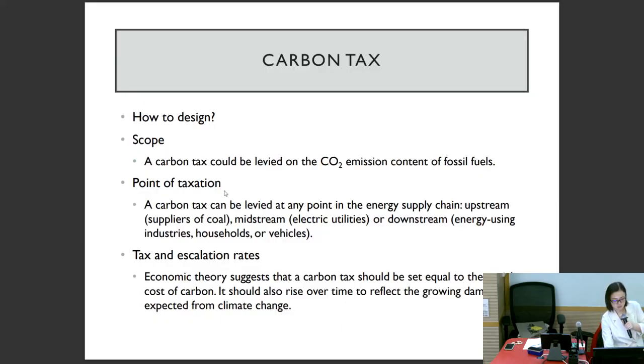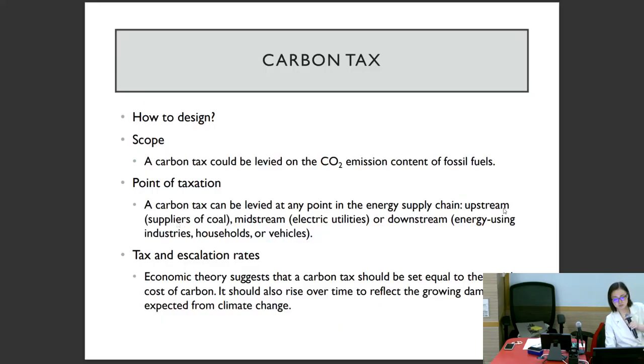The point of taxation. A carbon tax can be levied at any point in the energy supply chain. Upstream, like when you import coal, when you import natural gas, when you import oil, then you can be charged based on the carbon content of the fuel.